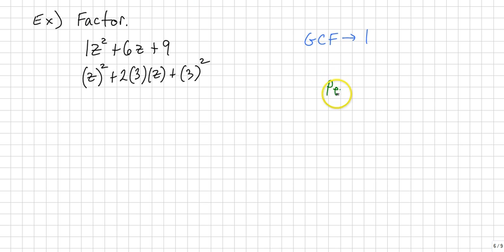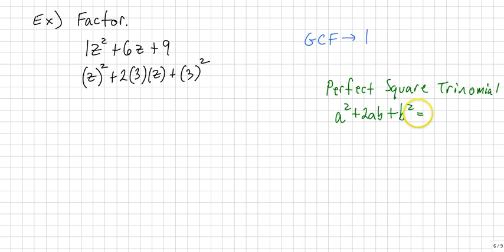So our perfect square trinomial, that way I don't have to scroll back up, was a squared plus 2ab plus b squared will always factor into a plus b squared. Well, if you look, this is like our a, and then this is like our b.